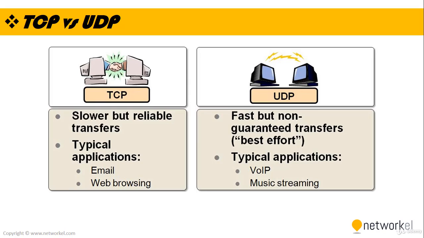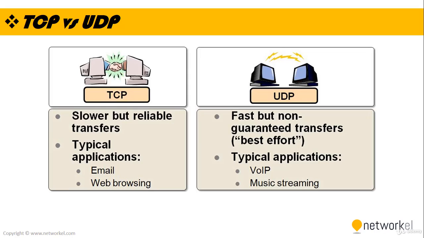TCP is suited for applications that require high reliability and transmission time is relatively less critical. UDP is suitable for applications that need fast, efficient transmission such as games.